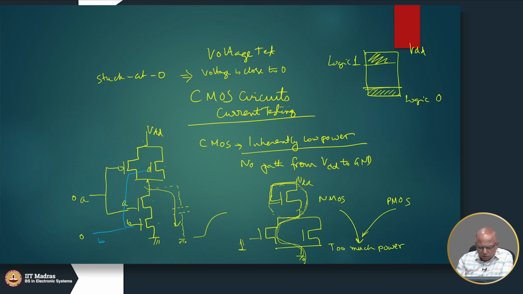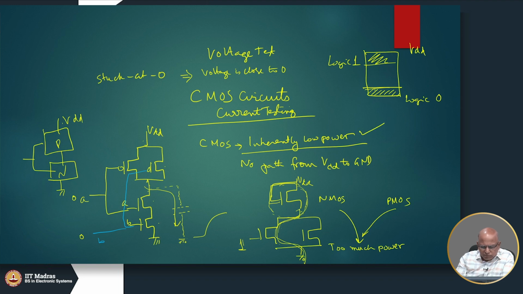CMOS dominates because in CMOS, between the P part and the N part, there will never be a path from VDD to ground. There will be no constant conduction. That makes it inherently low power.